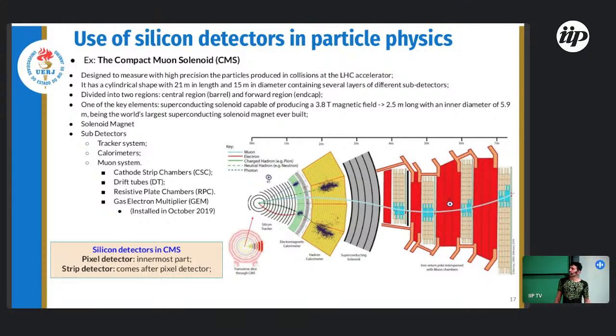Then we basically measure the final states, which are muons, photons, hadrons, kaons, pions, electrons. Neutrinos we do not measure directly, because we reconstruct the event, and then we see there is energy that is missing, and this missing energy is related to the neutrino.